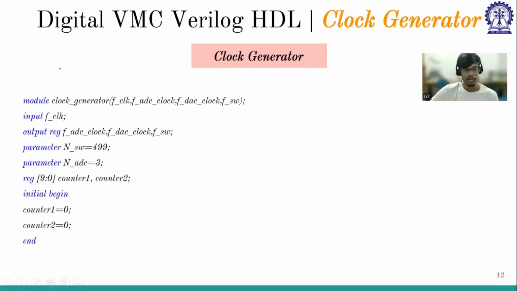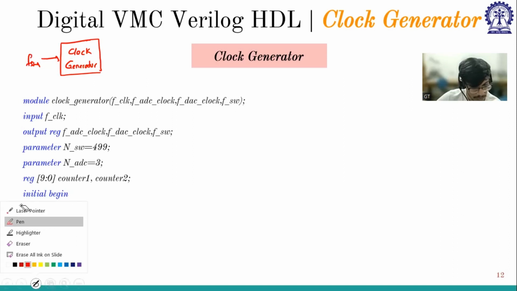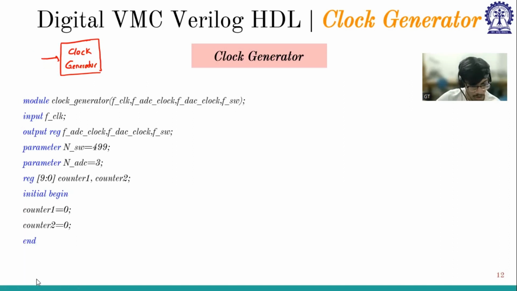So the clock generator, if I assume it as a block, has F clock, the 100 megahertz clock that SAR has named F clock, as the input. The outputs are FADC, which is needed for voltage mode control, FDAC, which will be used for current mode control, and FSW.